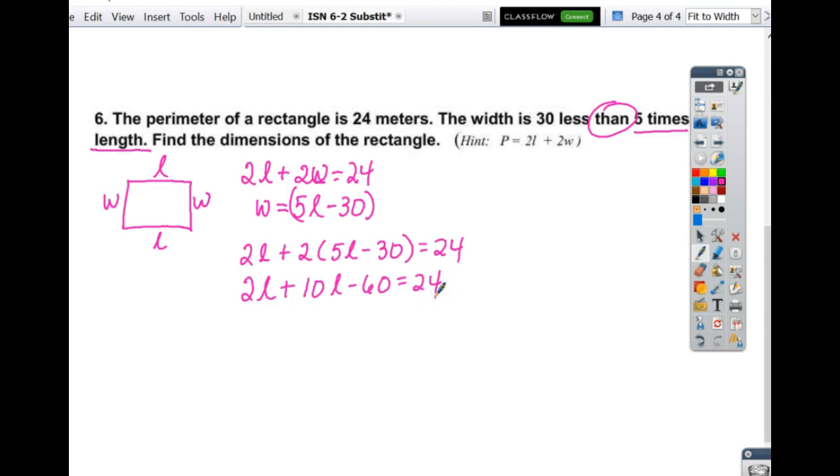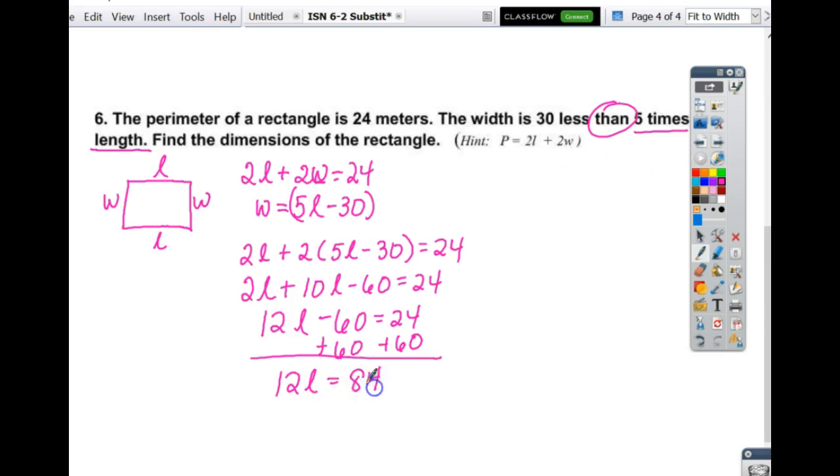So 2L plus 10L gives me 12L. So the length is 7.